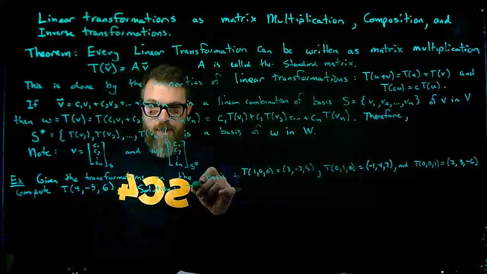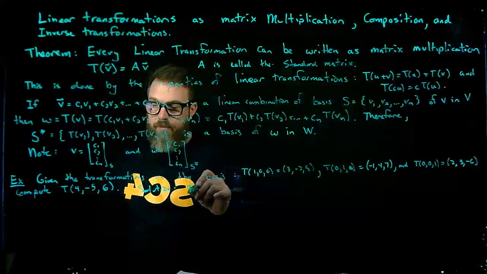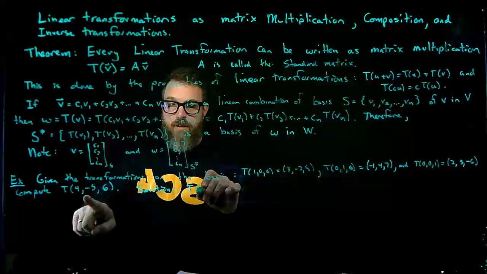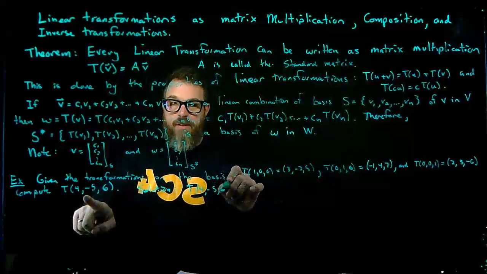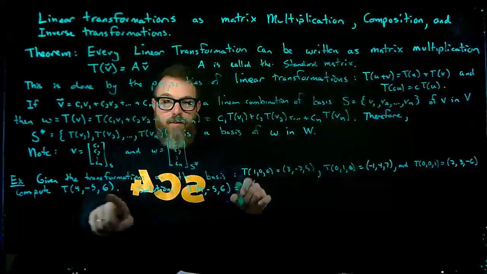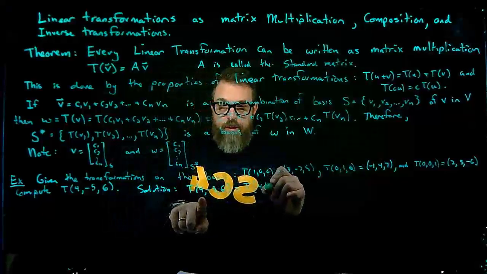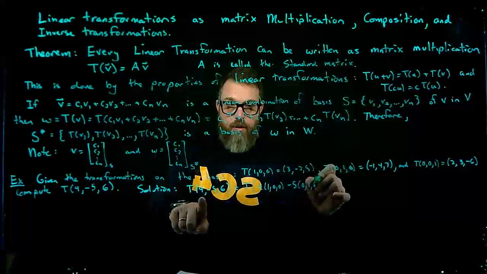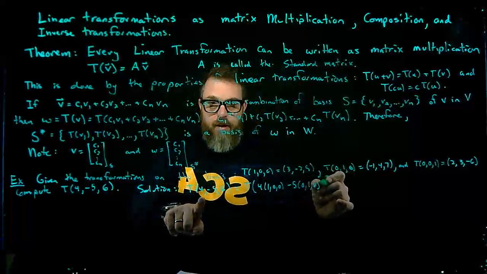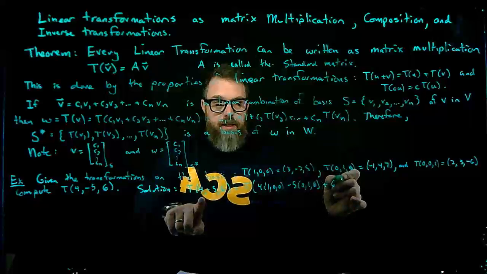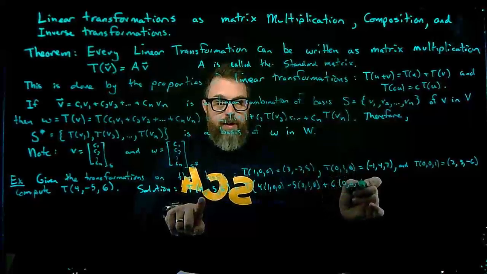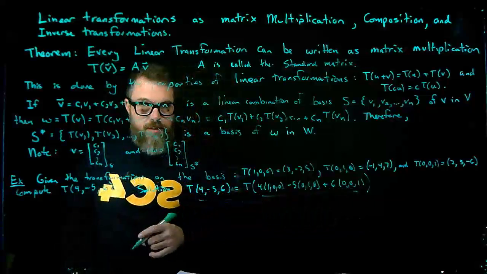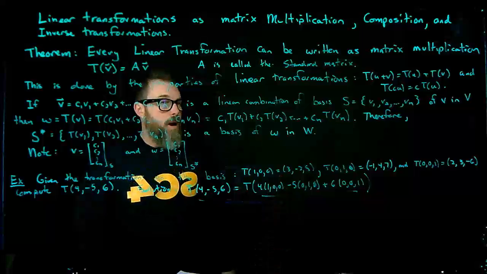What I can say is that T of 4, minus 5, 6 is equal to T of, well, this is going to be 4 times 1, 0, 0 minus 5 times 0, 1, 0 plus 6 times 0, 0, 1. Now I can use the properties of transformations.